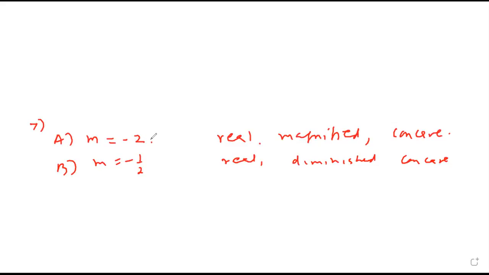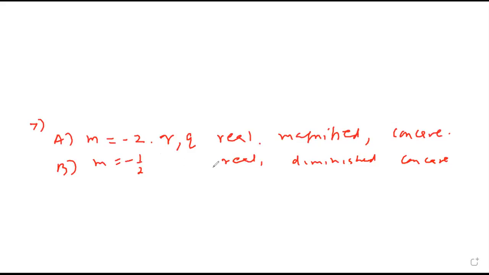Real, diminished, concave mirror. A can be P. Okay, both options are given as equal, then two each are given. For A we got real in R, and we got concave, that is Q. R comma Q is for the first option.